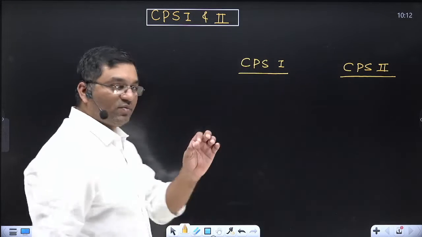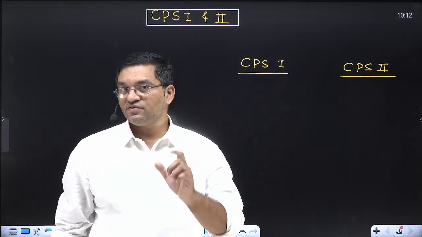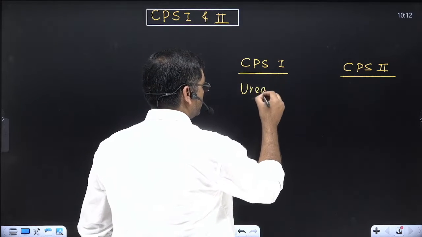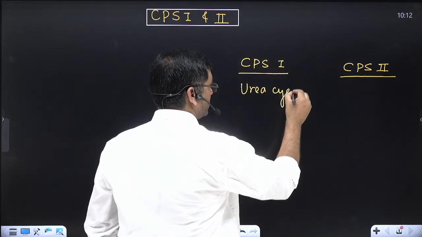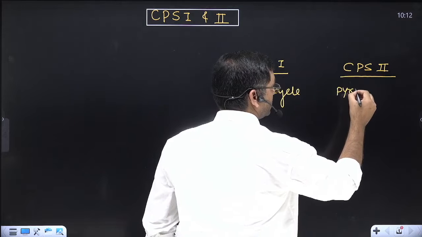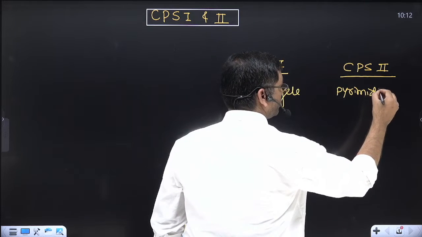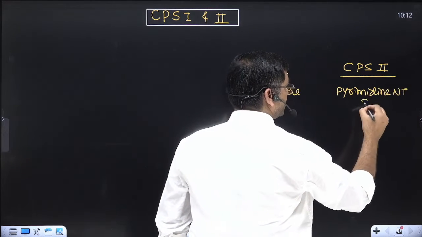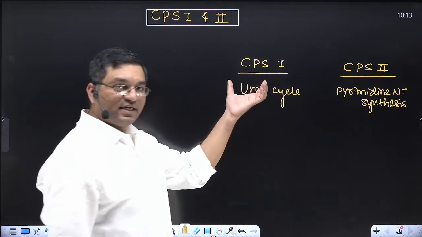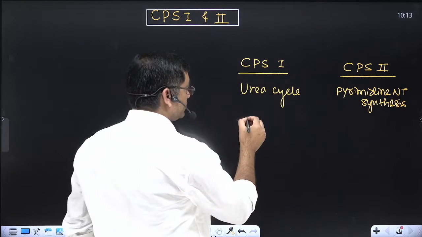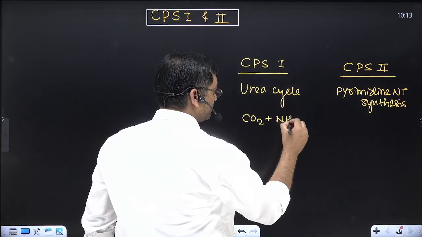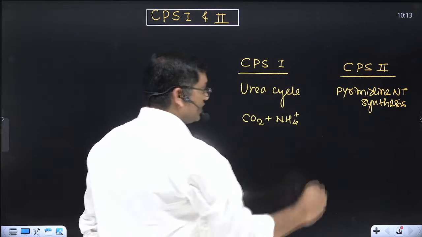See, carbamyl phosphate synthetase 1 belongs to urea cycle, while CPS 2 belongs to pyrimidine nucleotide synthesis. CPS1 catalyzes the condensation of CO2 and ammonium ions.